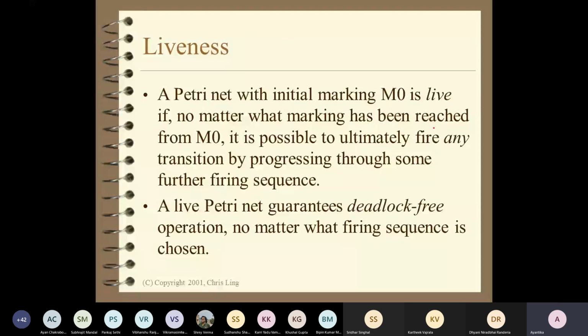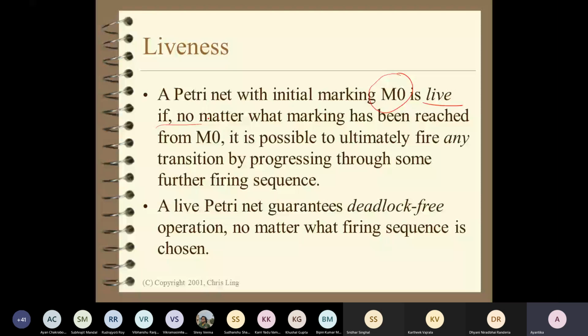Next one is liveness. Liveness means a Petri net with initial marking M0 is live no matter what marking has been reached. That means from your marking M0, you are analyzing all possible transitions, and checking whether there is a possibility of deadlock, or any situation where your token has got stuck and cannot make any next transition.